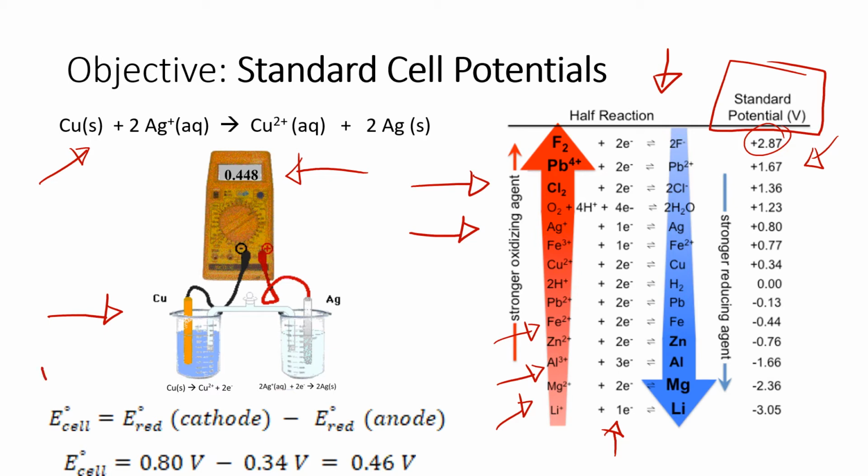So what you're going to do is use this equation. You can calculate it by taking the standard cell potential of the cathode and the standard cell potential of the anode, and you plug it in, and then you can get the value. Notice how this value is very close to that. Some slight differences are just due to the voltage going through the wires and some physical limitations in that sense.